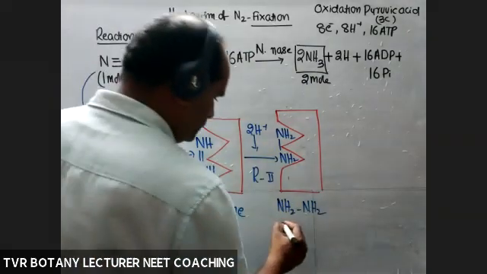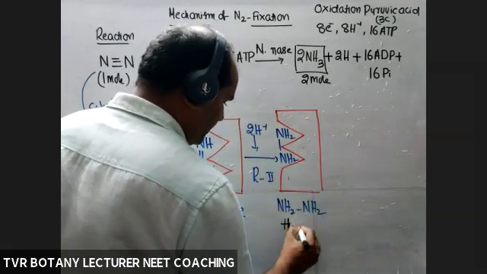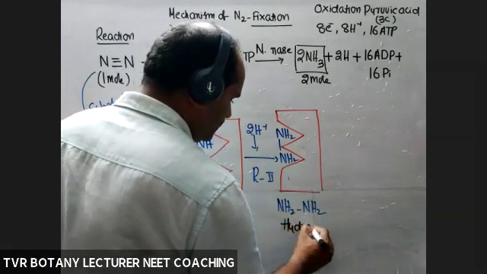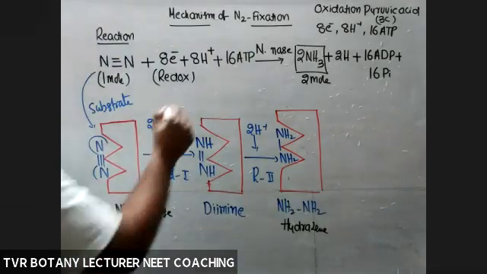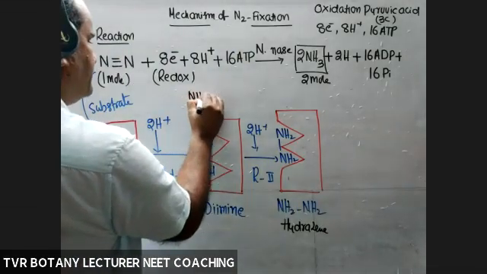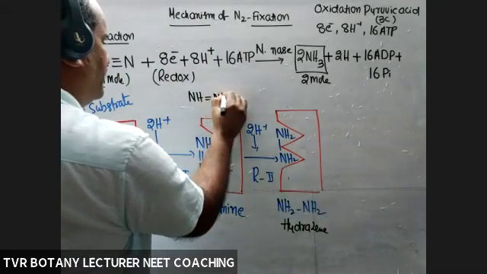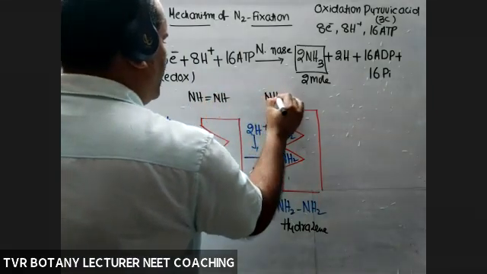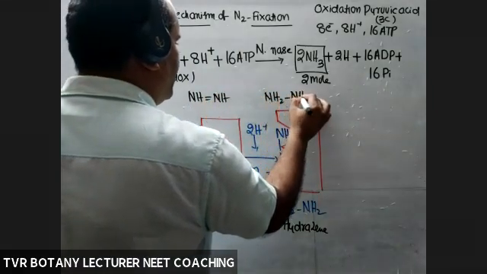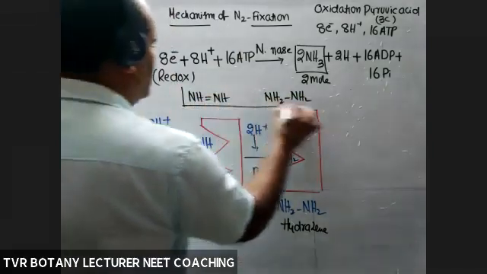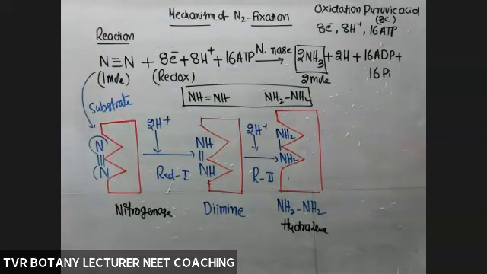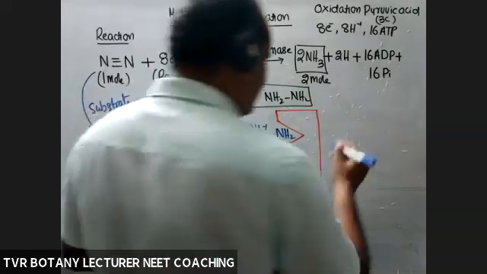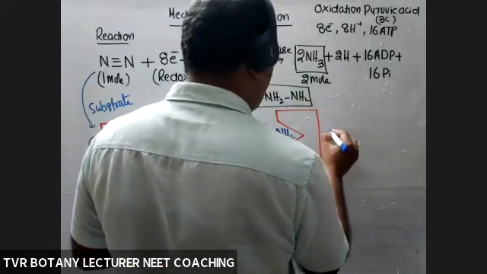So the unstable compounds are NH double bond NH and NH2 bond NH2. These two are unstable compounds, immediately converted. Next, the last one.